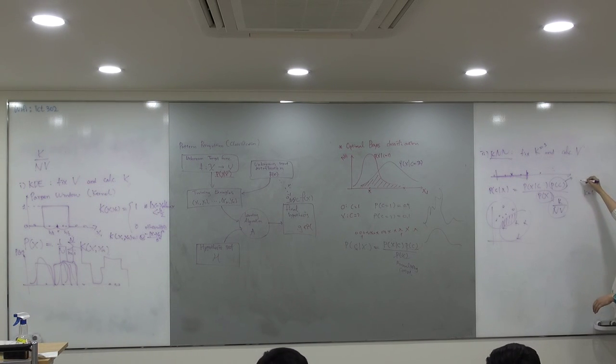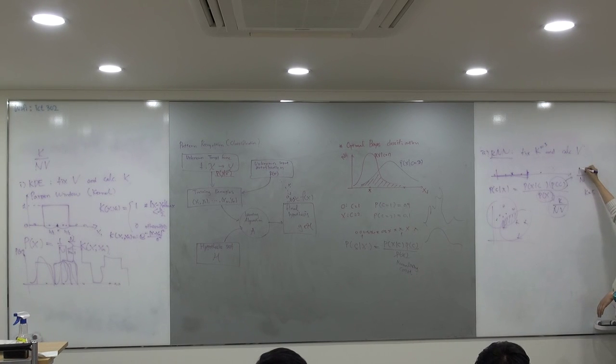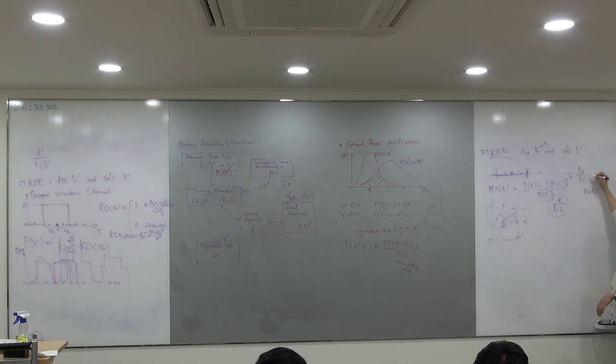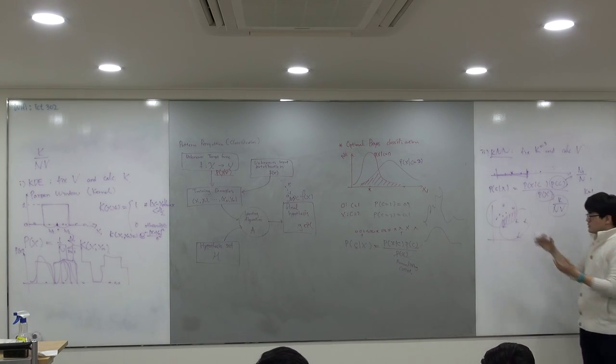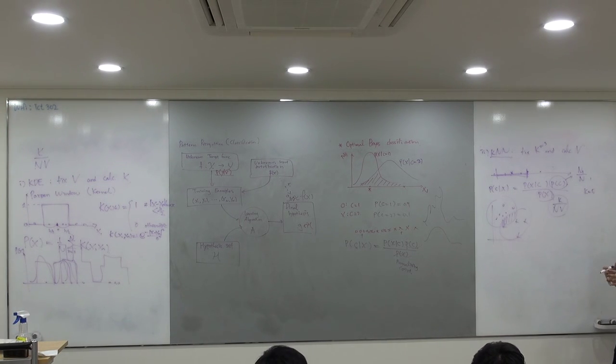If you have N number of data, and for class 1, N1 number of data. So if you have 100 samples, and 30 of the samples are circles and 70 are crosses, then you have 0.3 versus 0.7 prior distribution. I'll just write it down as NC over N.